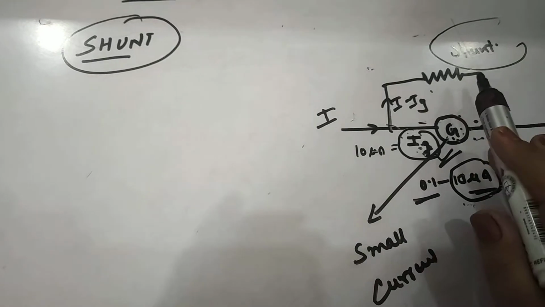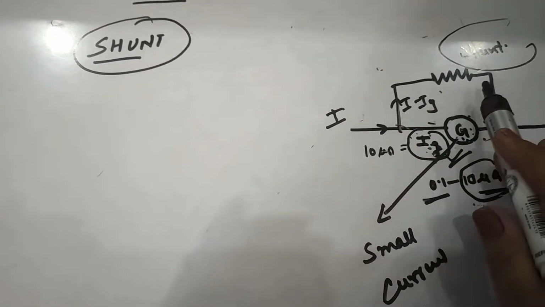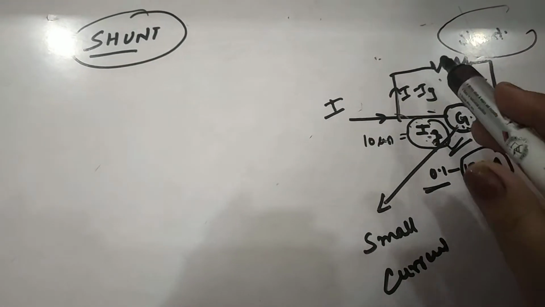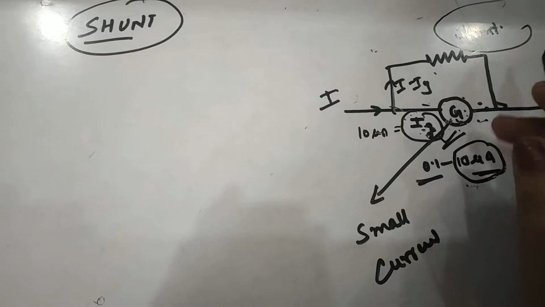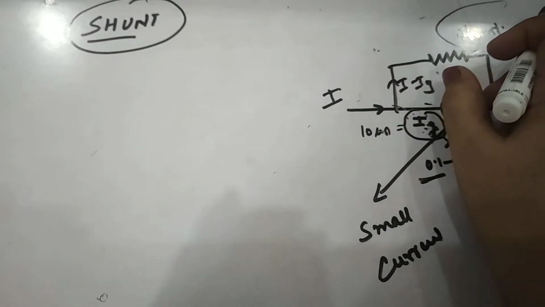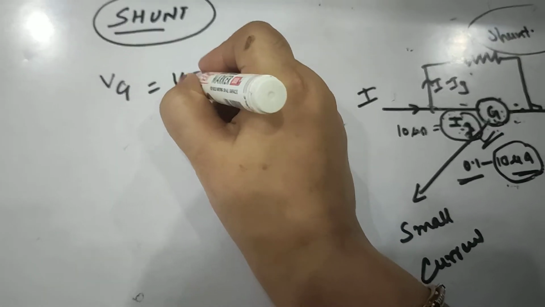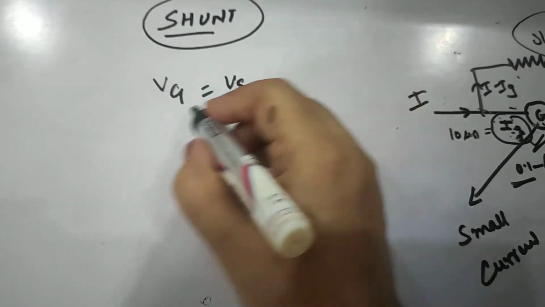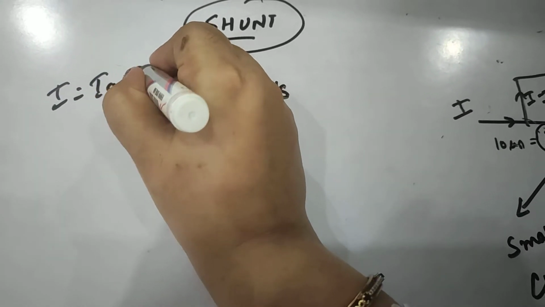Now let us find out what amount of current will go through the galvanometer and what amount will go through the shunt. Since the shunt is connected in parallel to the galvanometer, the potential difference across G and across the shunt will be equal. So we can say that Vg is equal to Vs. Also we know that I is equal to Ig plus Is, right?